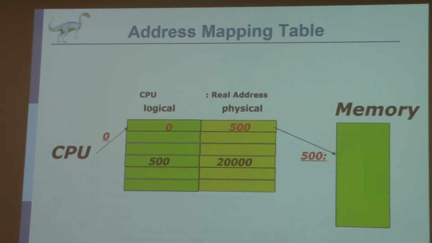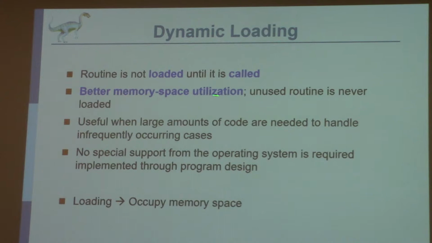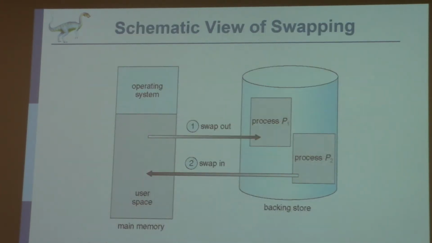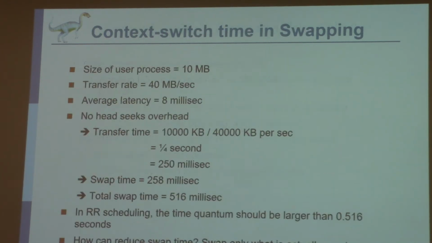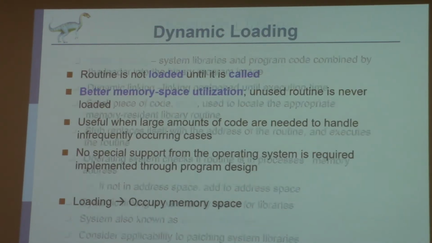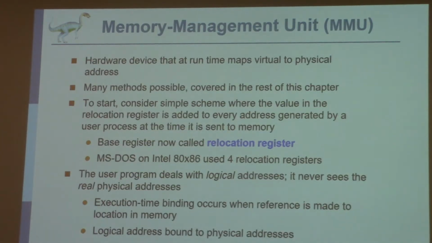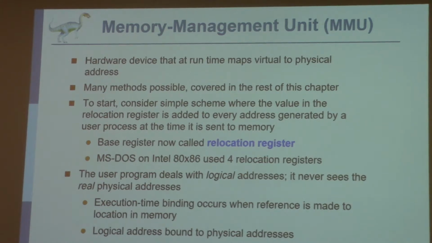Okay? So where is this table managed? I think this one is not here; later we will see the name of the table. This one is called the relocation register.